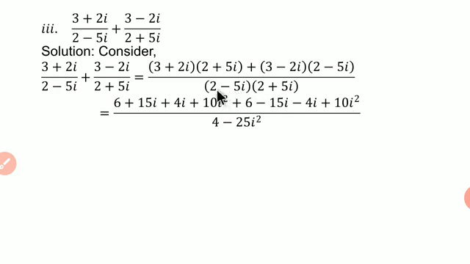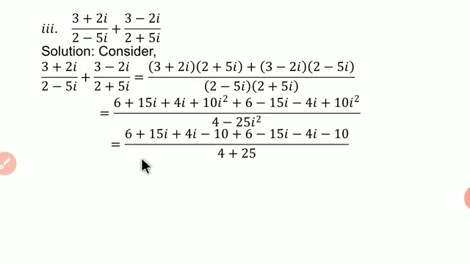And in the denominator it is 2² - (5i)², which means 4 - 25i². Now in all the terms, the value of i² is -1. So substituting that value, we get 6 + 15i + 4i - 10 + 6 - 15i - 4i - 10, divided by 4 + 25.